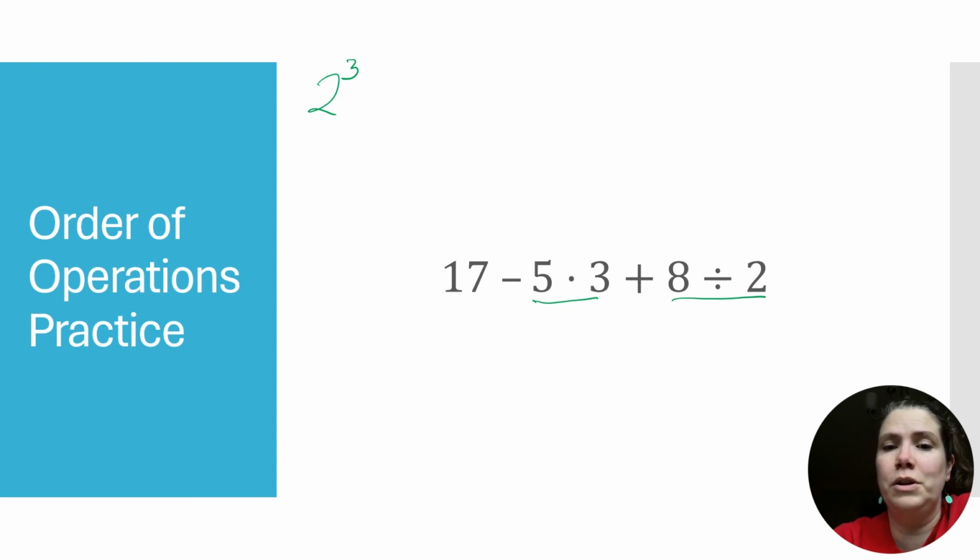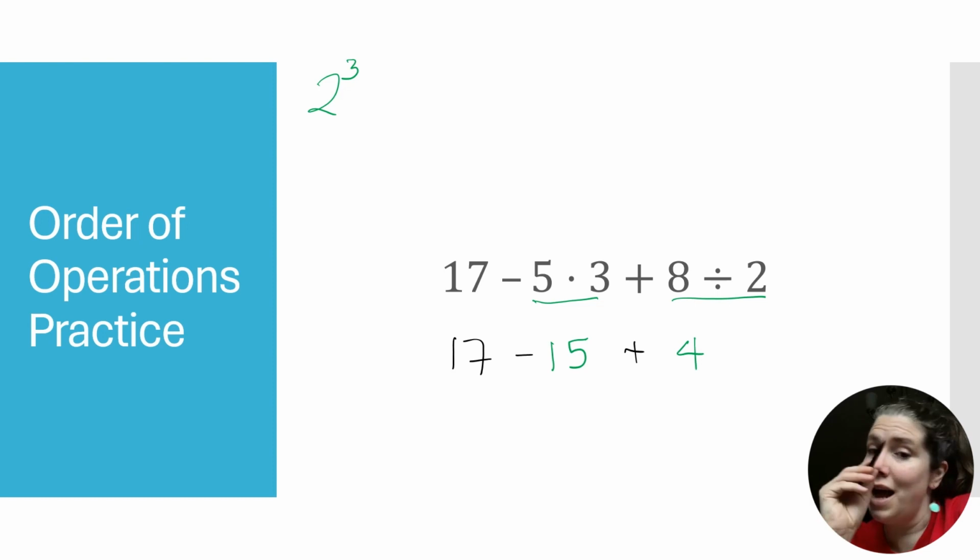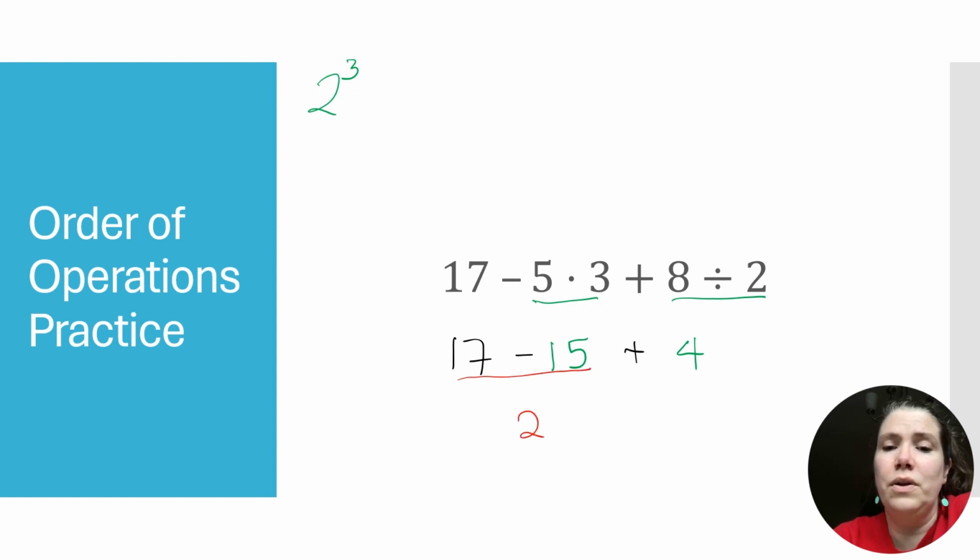So first I'm going to do 5 times 3, and then I'm going to do 8 divided by 2. Everything else we're just going to keep the same and bring on down. And now we can do our adding and subtracting again from left to right. So first I'm going to do 17 minus 15 is 2. And then I can do 2 plus 4 is 6.